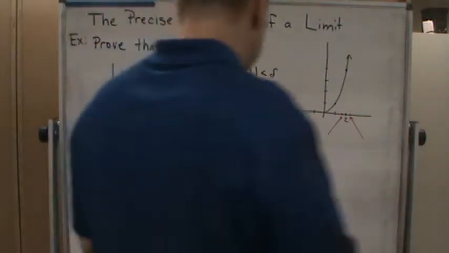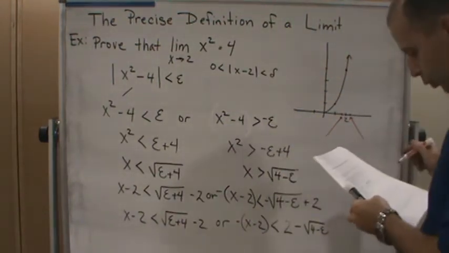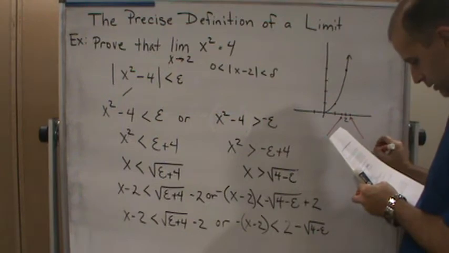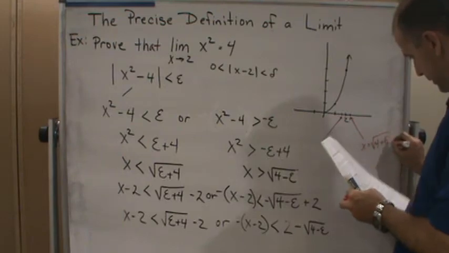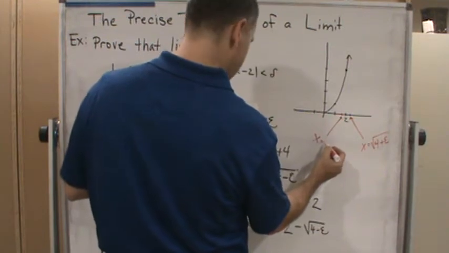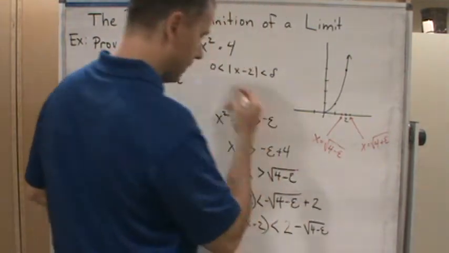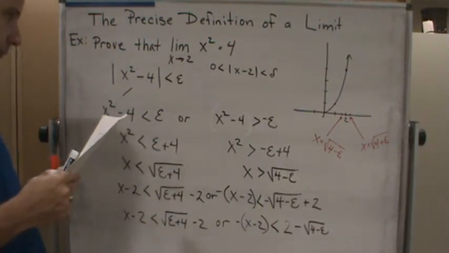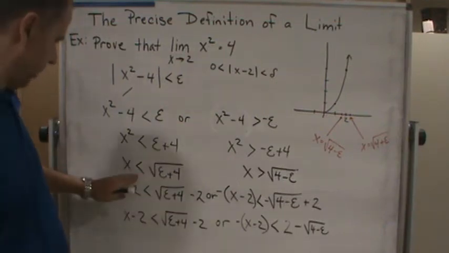Let me fill in over here, just to give you an idea of what we're doing. Here x equals the square root of 4 plus epsilon, and over here x equals the square root of 4 minus epsilon. Okay, and that's what we have here.